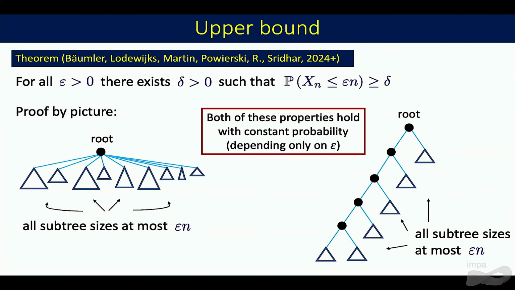So now what if one of your uniform attachment trees looks like this and the other looks like this? So the claim is that then the largest common subtree cannot be more than some constant times epsilon times n. Why? Well, let's consider where this root node is mapped in this other tree. First of all, if it's not mapped, then the common subtree is contained in one of these small subtrees, which already has size at most epsilon times n.